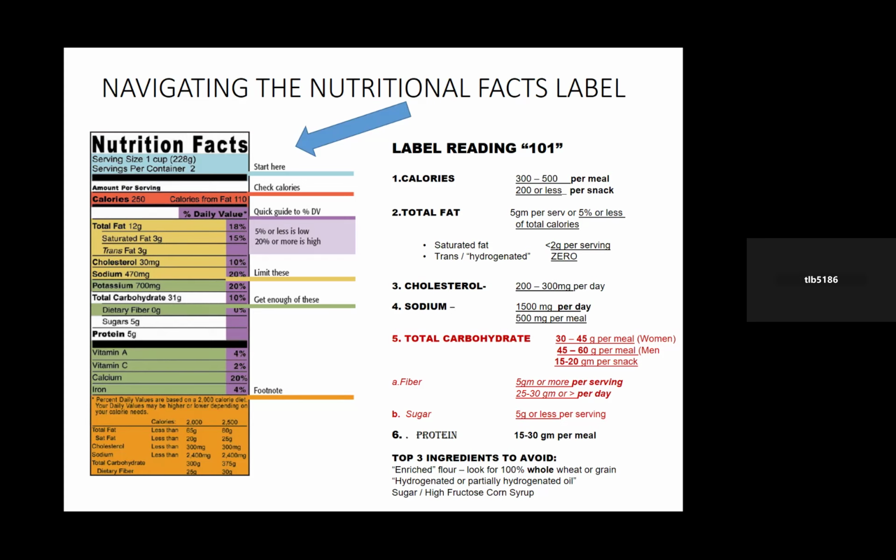On this label, you can see there are 5 grams of sugar. But as a diabetic, you can actually ignore the grams of sugar because what we focus on is the total carbs and the fiber. The sugars are included in those total carbs.